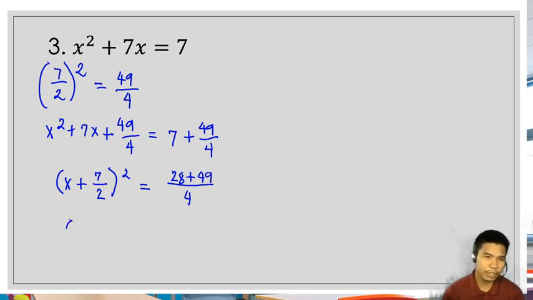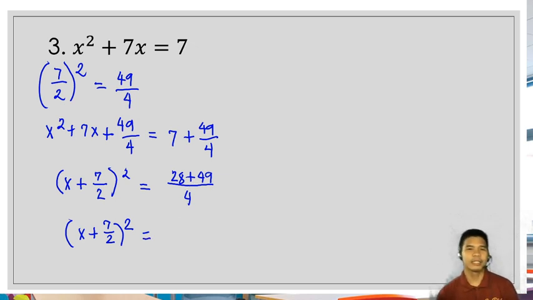Kopyahin muna natin to. We have x plus 7 over 2 quantity squared equal to, so what is 28 plus 49? So we have 20 plus 40, we have 60, tapos 8 plus 9 is 17. 60 plus 17 is 77 over 4.